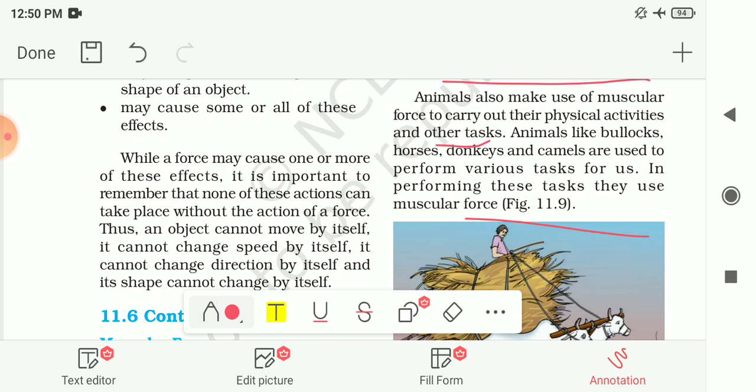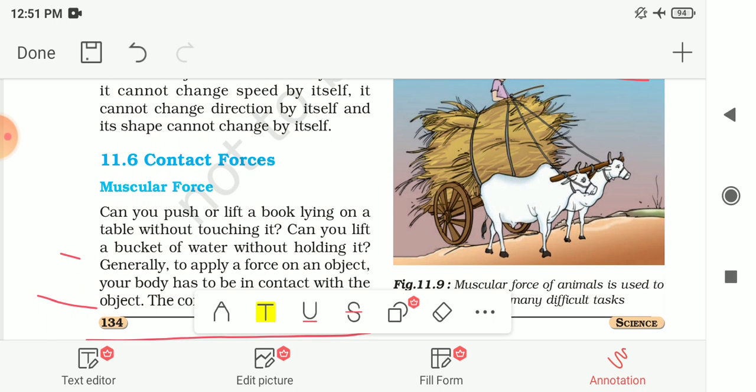Animals like bullocks, horses, donkeys and camels are used to perform various tasks for us. We use these domestic animals to carry loads and for farming purposes. In performing these tasks, they use the muscular force.